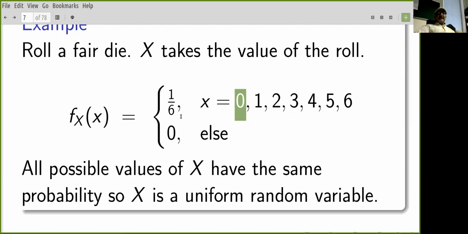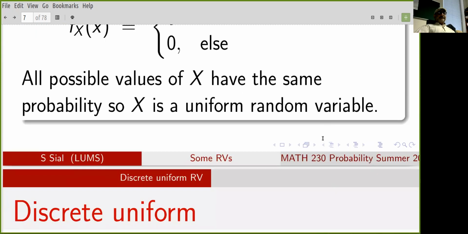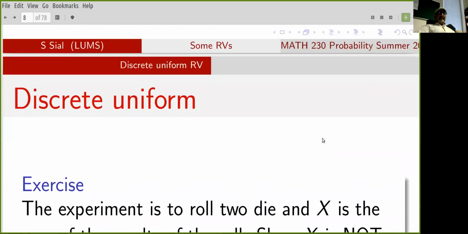It's 1/6. What's the probability of x taking the value of anything else? 0. So f sub x of x is equal to a constant for the allowed values, and it's 0 otherwise. So again, that's an example of a discrete random variable.